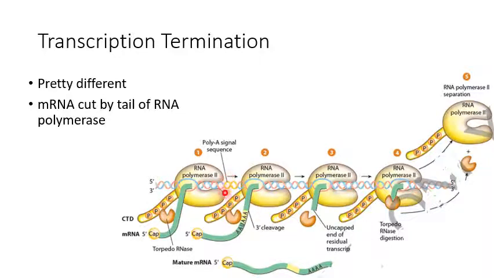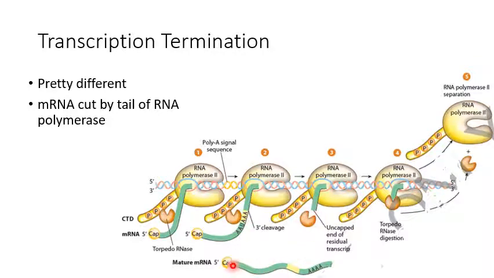You're going to at some point transcribe a poly A signal in the DNA. As this polymerase moves down, it transcribes that, and that comes out in the mRNA here. Then the enzymes on this tail of the polymerase are going to recognize that little stretch of A's and cut the mRNA right there.